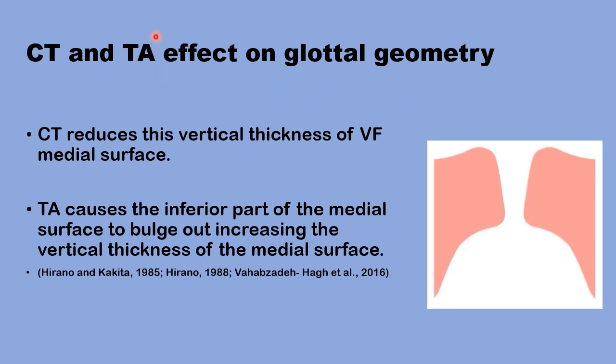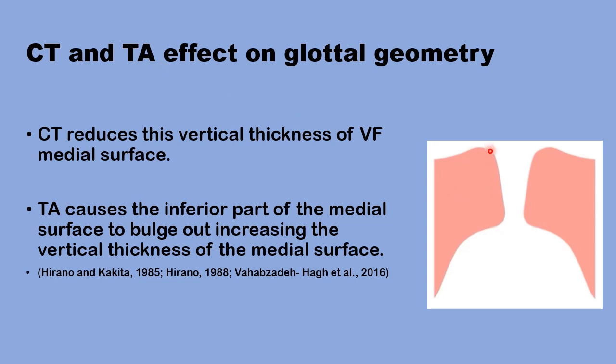And finally, these two muscles, the cricothyroid and the thyroarytenoideus, can also change the glottal geometry, the configuration of the glottal canal during phonation, the mode of contact of the two vocal folds. The cricothyroid muscle would stretch the vocal folds and reduce the vertical thickness of the vocal folds medial edges, whereas the activation of the thyroarytenoideus muscle would do the opposite.